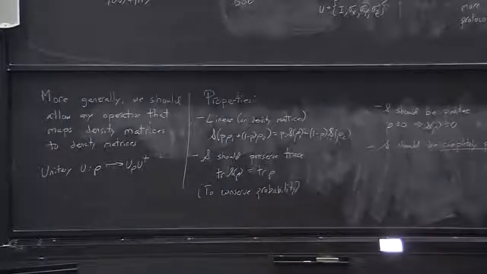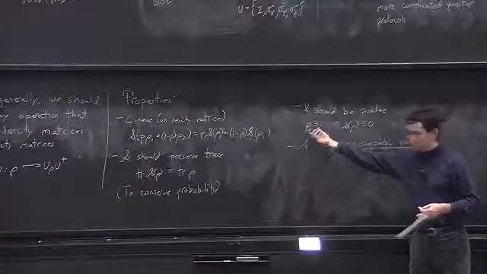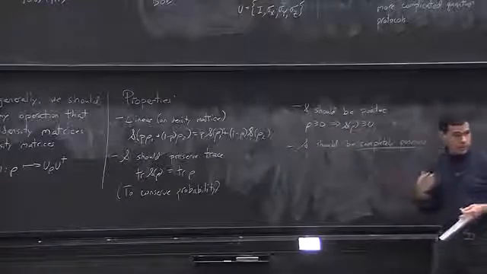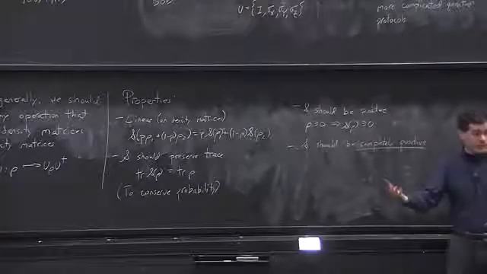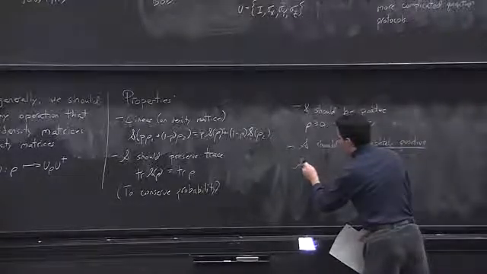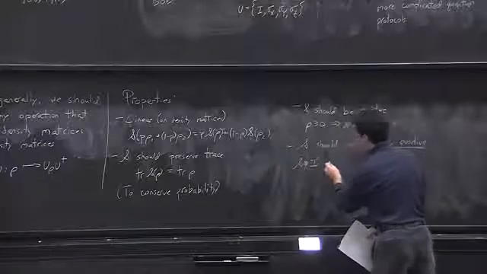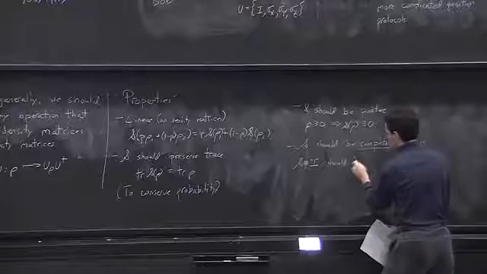Okay, and complete positivity means that it's not just enough that S should be positive when applied to a single system, but it should also be positive when you apply it to part of an entangled system. So in particular, this means that S tensor the identity should be positive.